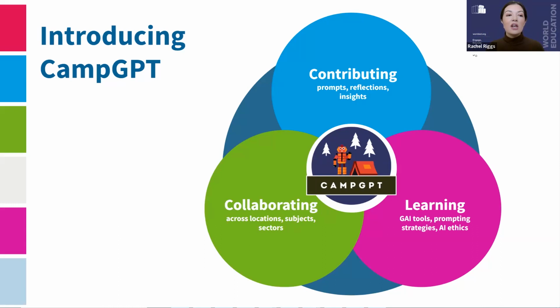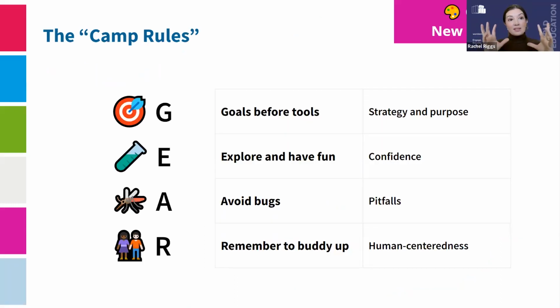So in Camp GPT, we had these camp rules, and we were thinking about how can we, in a fun and low stakes way, because of the newness and kind of intimidation around AI, integrate some really important concepts like strategic ed tech integration and AI ethics into the training.